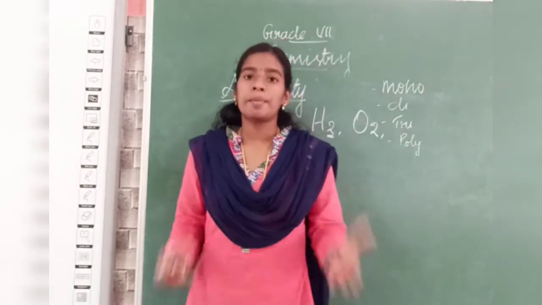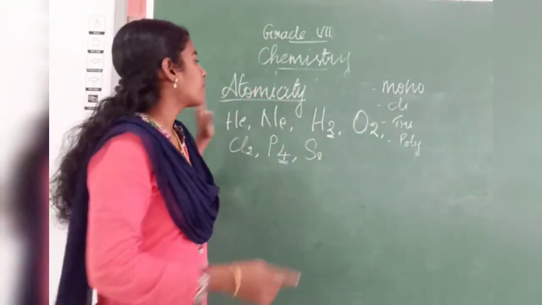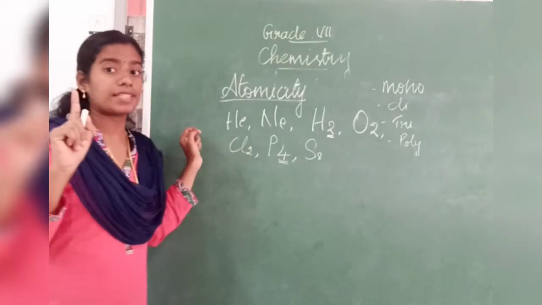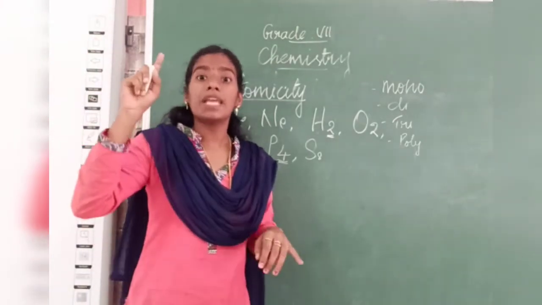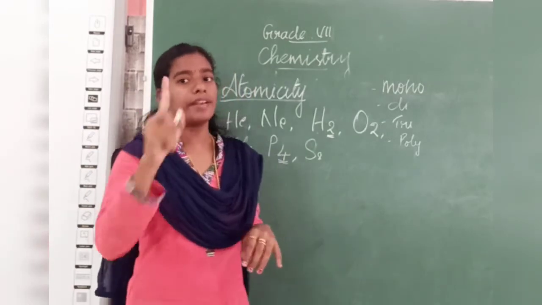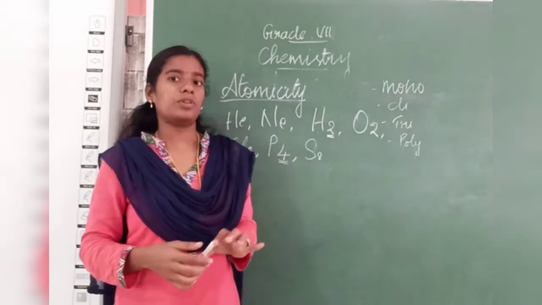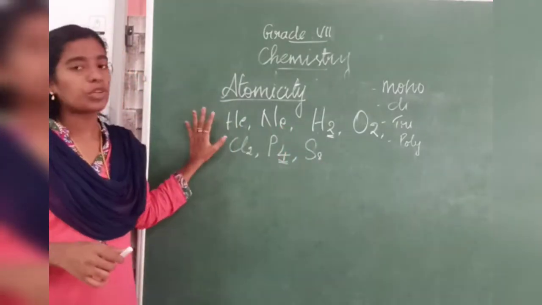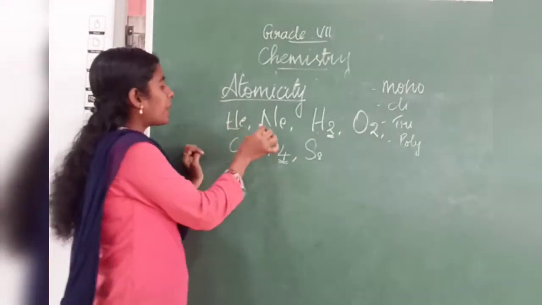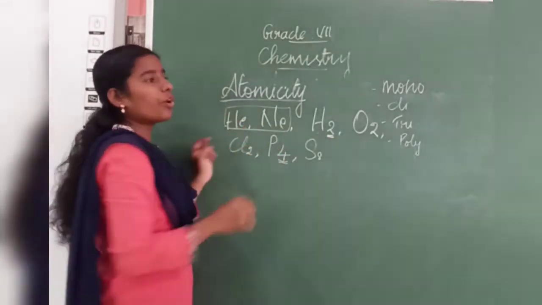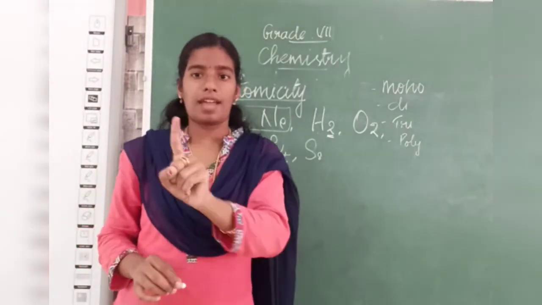Poly means many. So, monatomic means when a molecule, not an atom, not an element, when a molecule has only one atom, it is a monatomic molecule. From this, which one is a monatomic molecule? Helium and neon are monatomic molecules because they have only one atom.